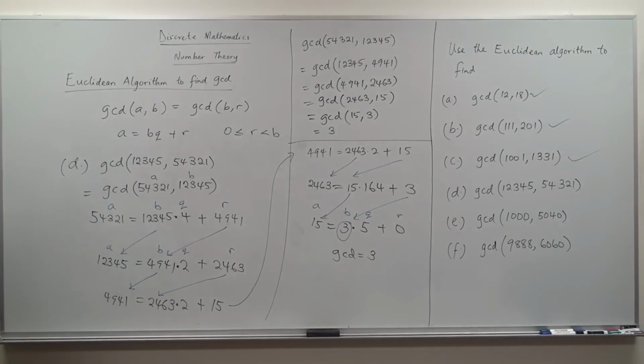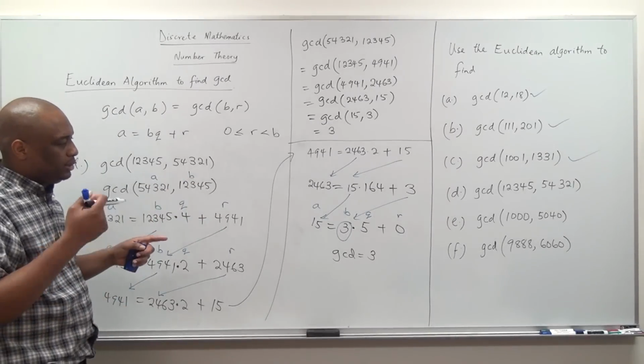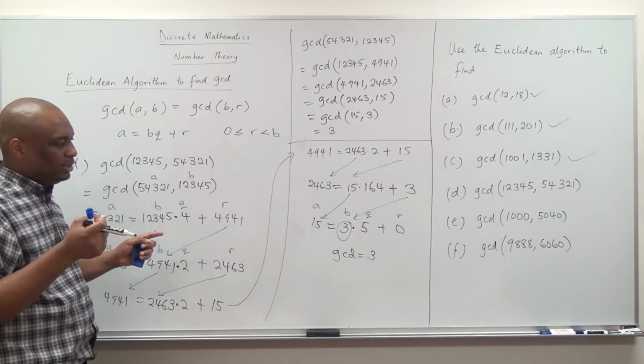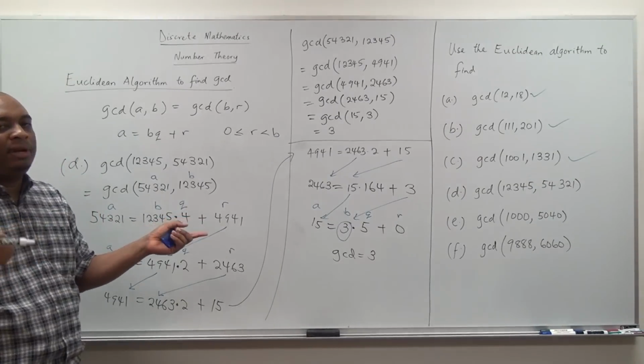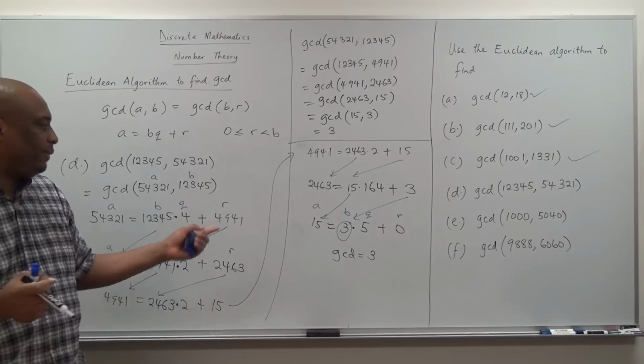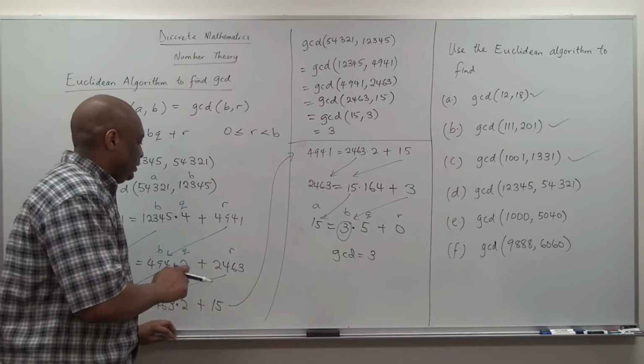So 3 is the greatest common divisor of 54,321 and 12,345. If you want to do it for that, you will still end up getting 3 as the GCD.